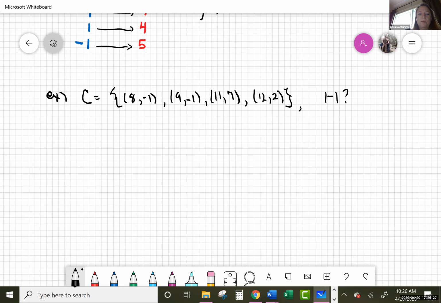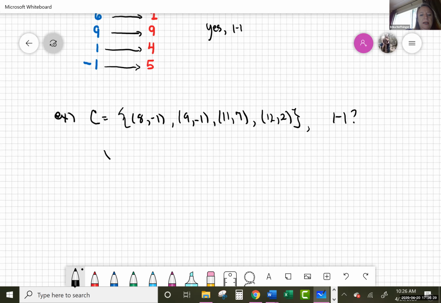And so you can either map it like we were just doing above. So 8 goes to negative 1. 9, though, also goes to negative 1. So right there, I can really stop, because there are two x values that give us the same y value. And that right there tells me it's not one-to-one.